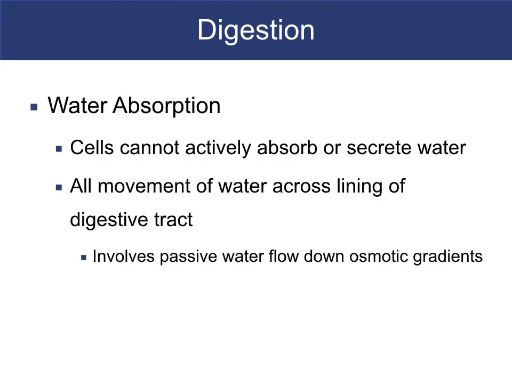But I just wanted to talk to you about water for a minute. We can't actively absorb water. We don't have any water pumps that pump the water into us. The only way the water gets into our body is by osmosis. That's the way it comes into the cells and so forth. So it requires us having a certain osmolarity in our body so that water wants to come in.